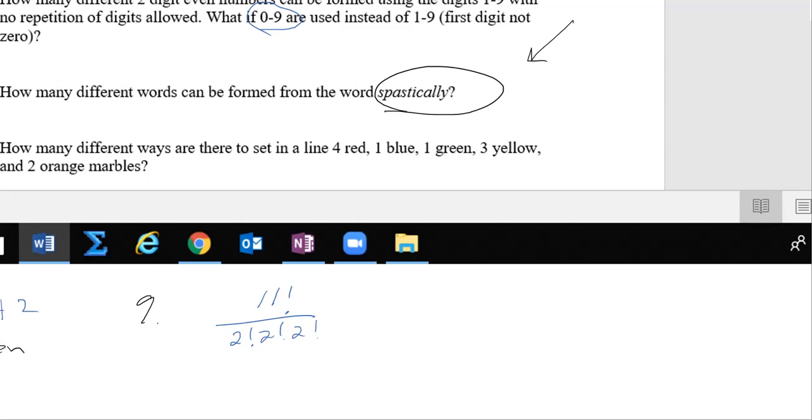So those are just 2's under there. So really, this is a pretty big number again. You've got 11 factorial over 2 times 2 times 2, which is 8. So that's a job for the old calculator.